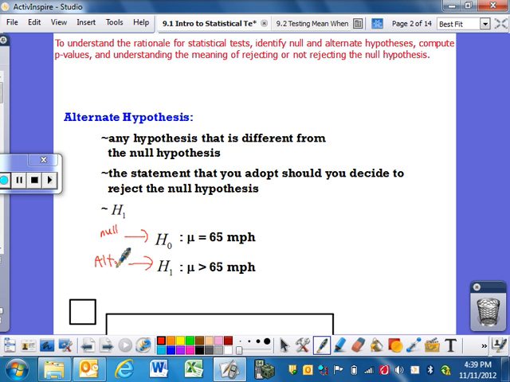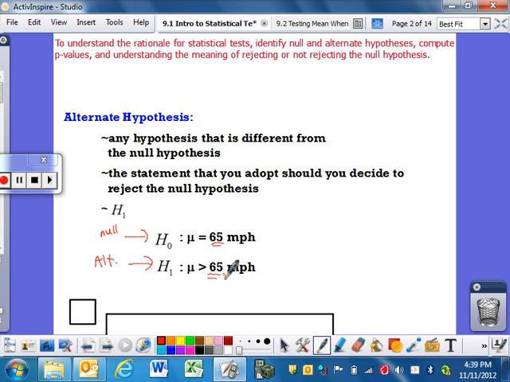What we want to do with these null hypotheses is, if we think there's something statistically different, we list the null as what we think is happening or has happened forever, or what the law says. And if we think people speed on this road, okay, I think the cars on that road go faster than 65 miles an hour, my alternate hypothesis is going to be that mu is greater than 65 miles per hour.